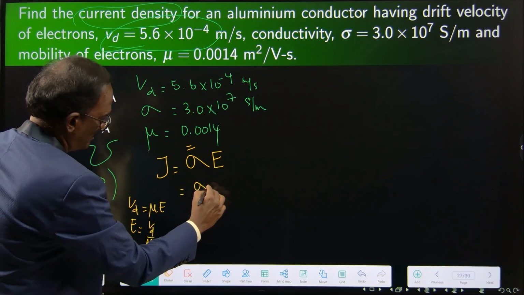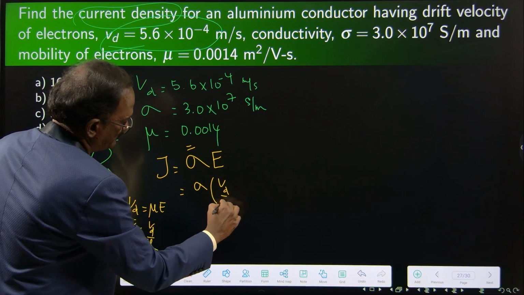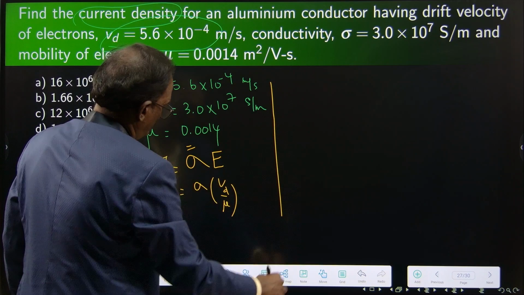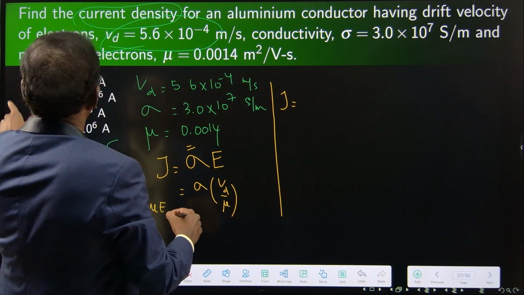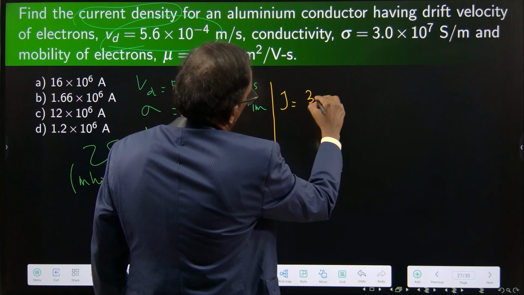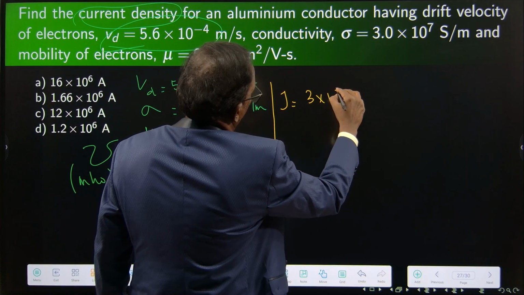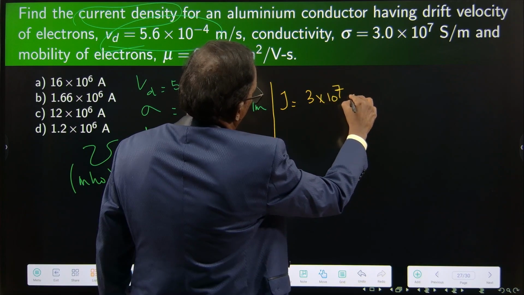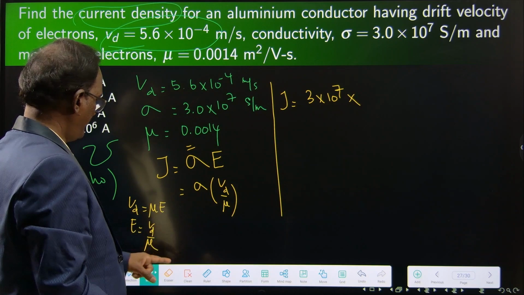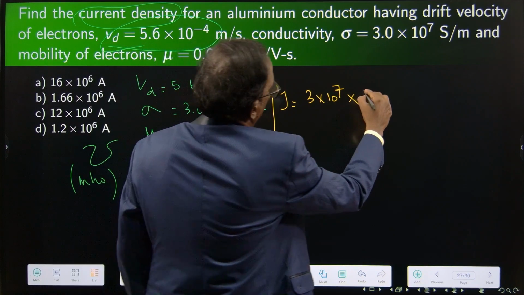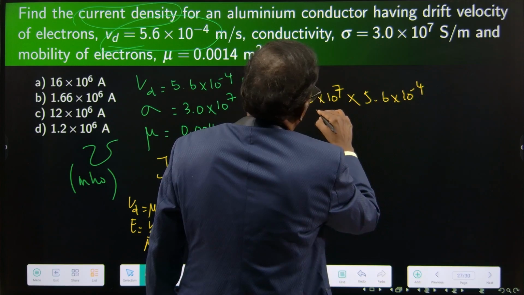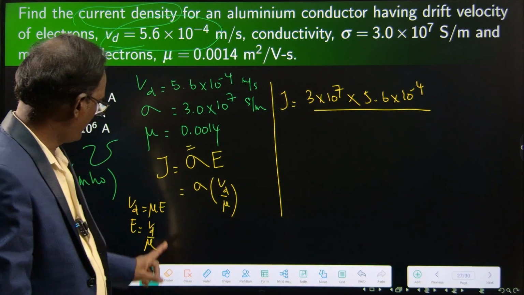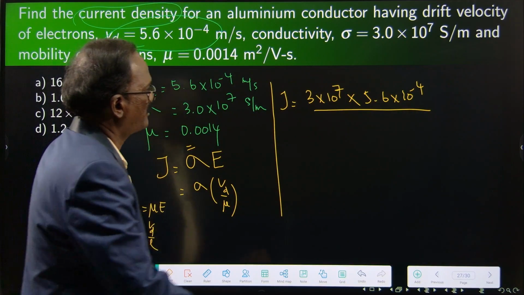So J is equal to sigma Vd by mu. What is the value of sigma? 3 into 10 to the power of plus 7, Vd 5.6 into 10 to the power of minus 4, divided by mu, 0.0014.